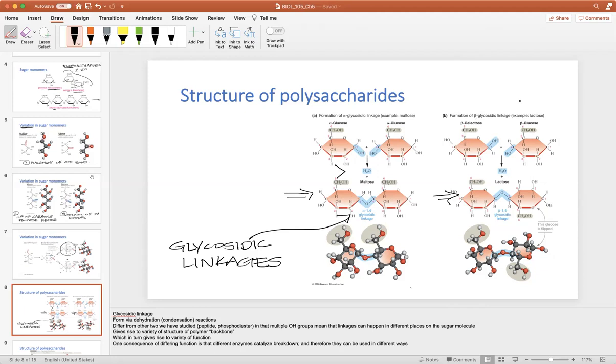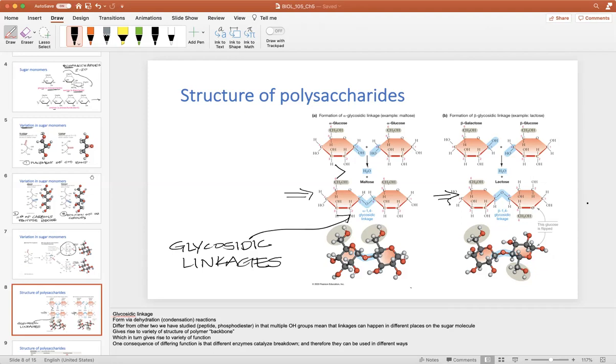Now let's take a look at this one. Remember I told you earlier that galactose was just like glucose, but it's got a thumbs up and glucose has a thumbs down. So what happens after our condensation reaction is you have this right here. Well, you have to have a special enzyme. This results in a sugar called lactose, right? Galactose plus glucose equals lactose. You probably know from general knowledge that lactose is the sugar that you find in dairy products.